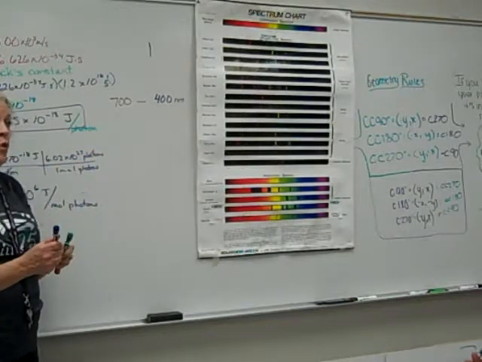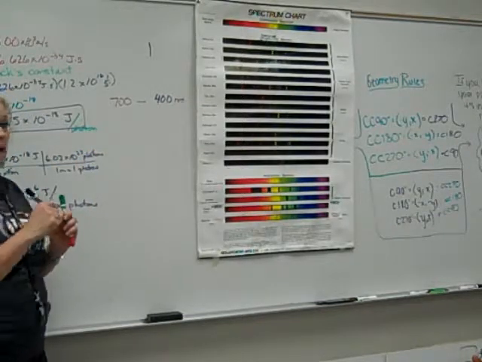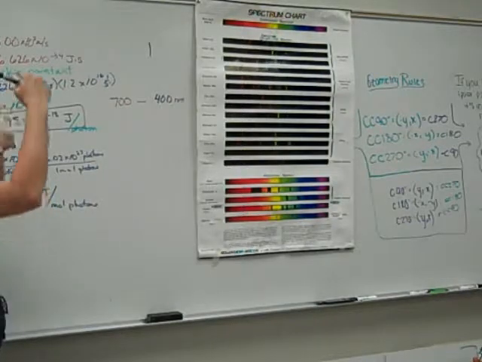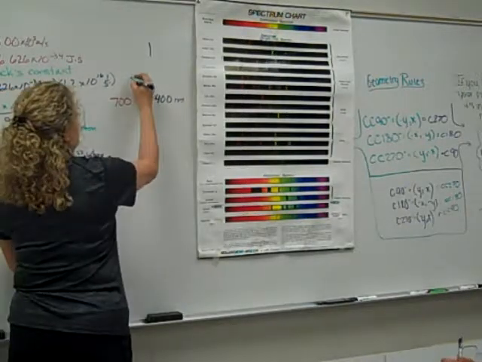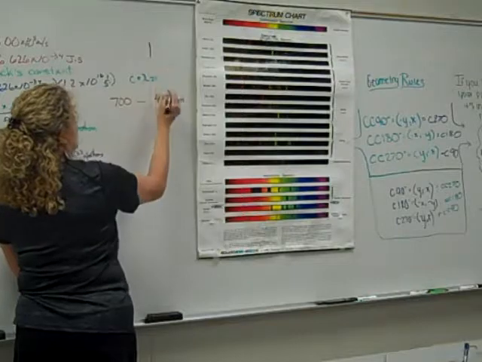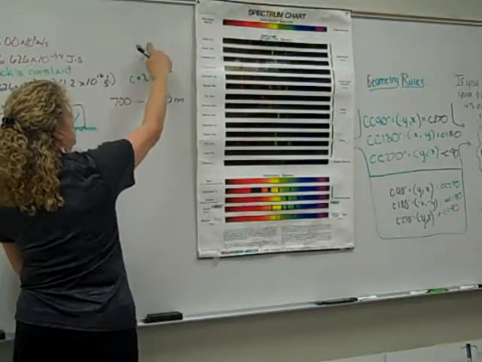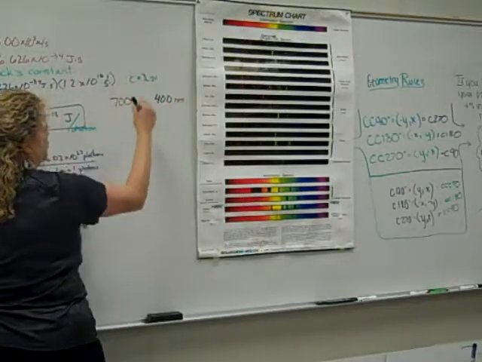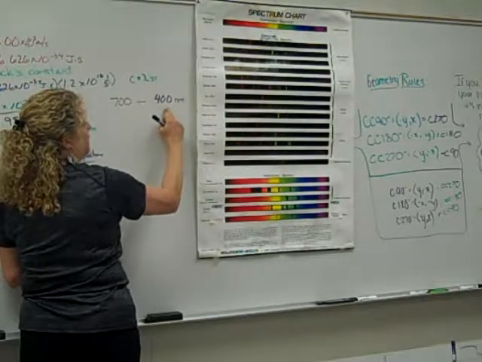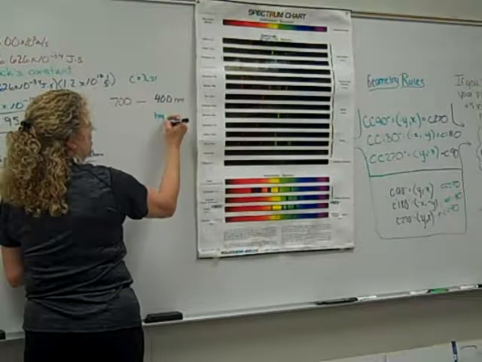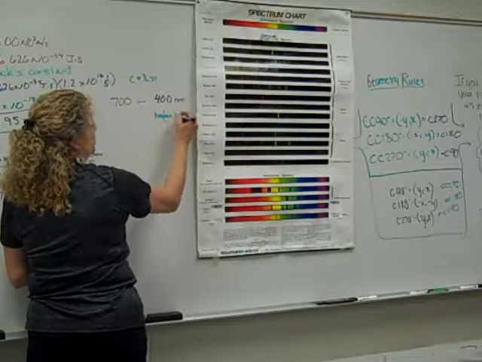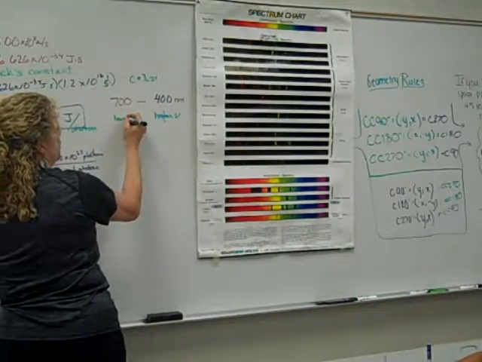Because we said before that frequency and wavelength were inversely proportional. Speed of light is wavelength times frequency. So if wavelength is high, then frequency is low, and vice versa. So since this is the lower wavelength, it is the higher frequency, and this is the lower frequency.